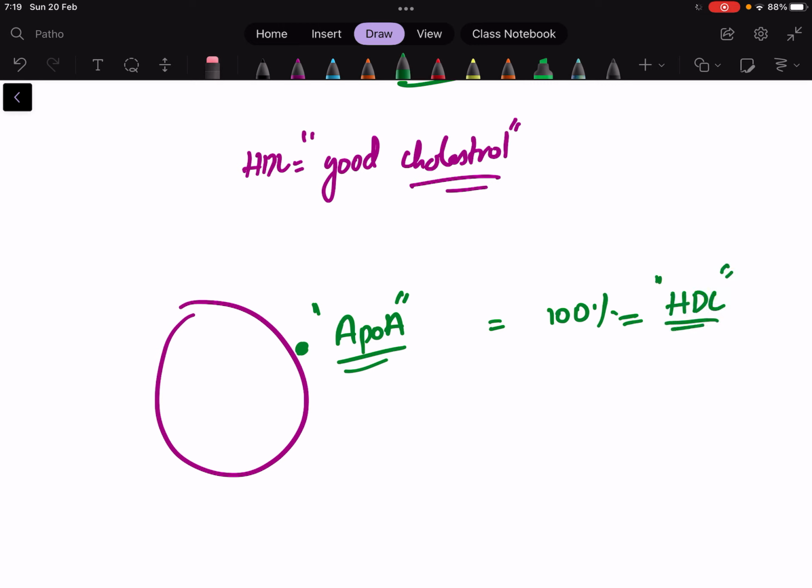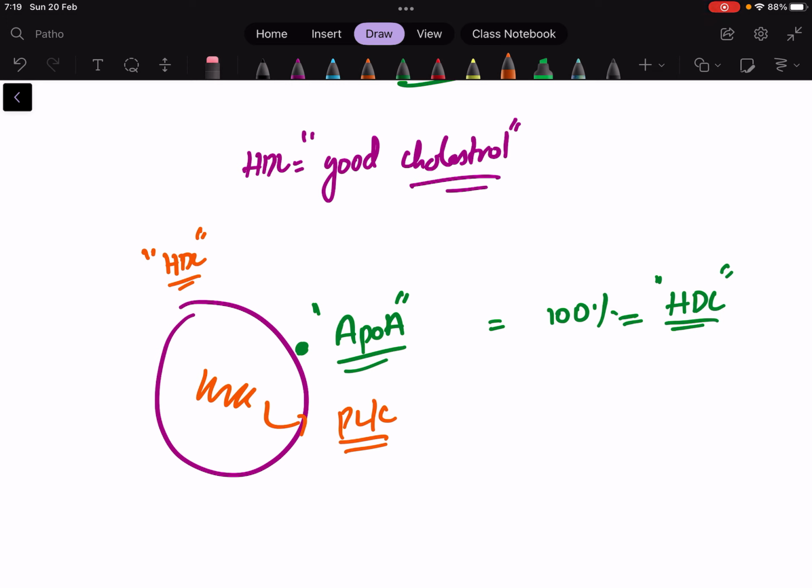Very low density, intermediate density and low density lipoproteins are all going to have B100 present on them, whereas HDL is carrying mainly phospholipids and cholesterol inside.